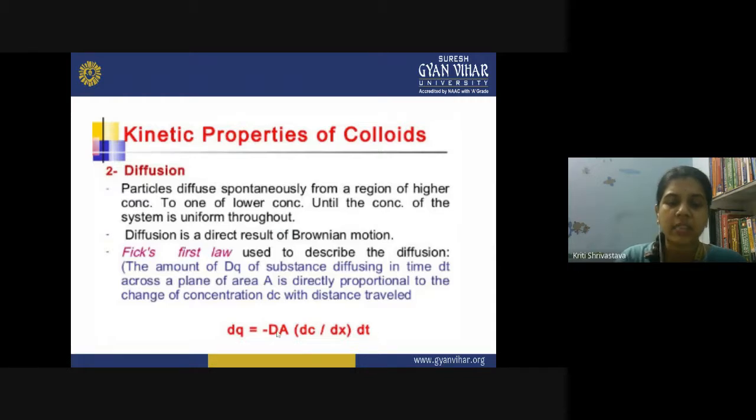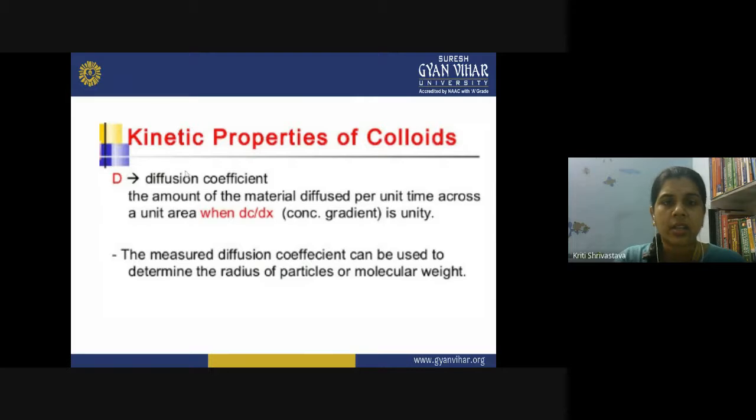Here D is the diffusion coefficient, the constant that you put in an equation to remove the proportionality sign. So when we remove the proportionality sign, we put a diffusion coefficient here, and you can define it by taking all the quantities as unity.